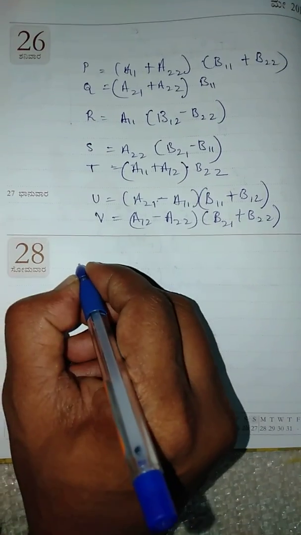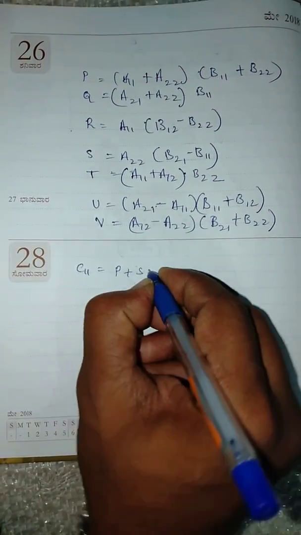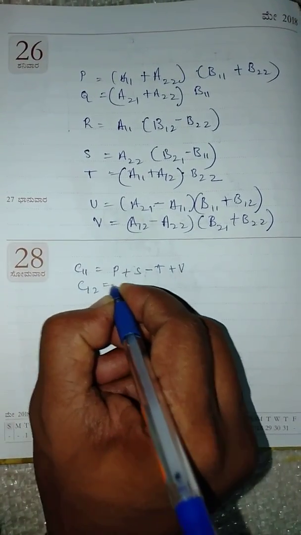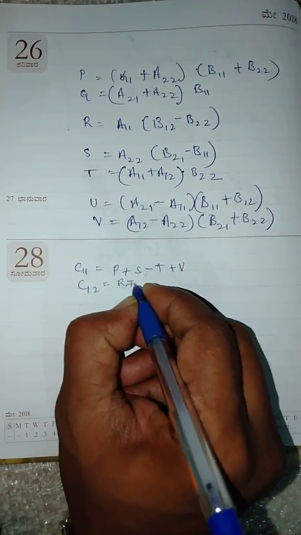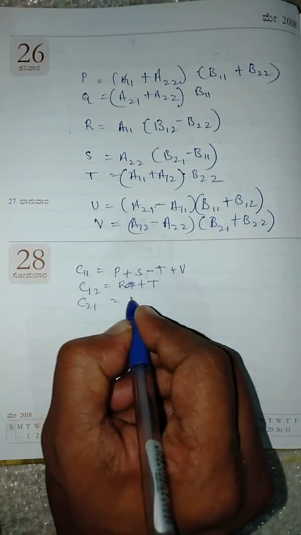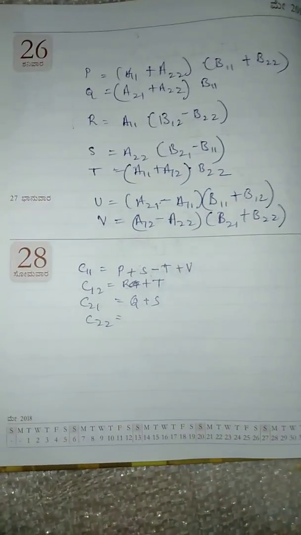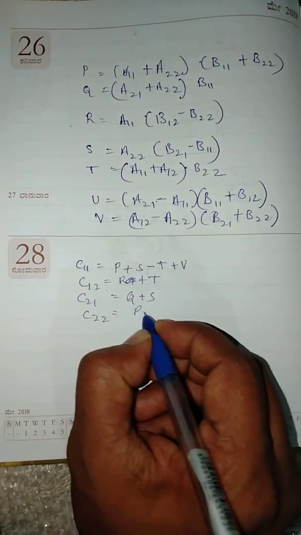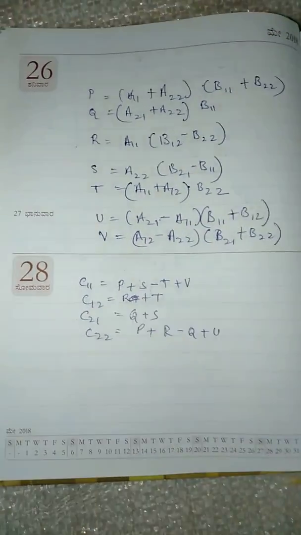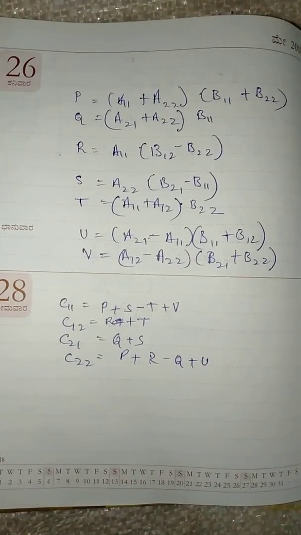And the matrix element C11 is given by P plus S minus T plus V. C12 is given by R plus T, and C21 is given by Q plus S. C22 is given by P plus R minus Q plus U. You will have to remember these equations.